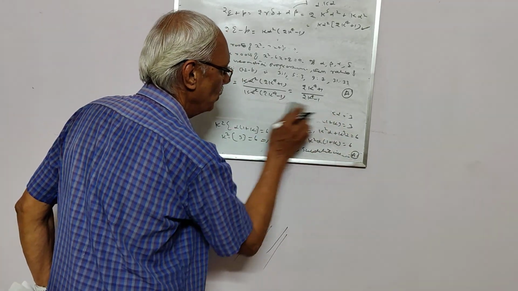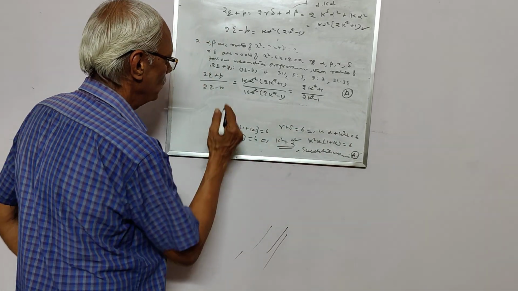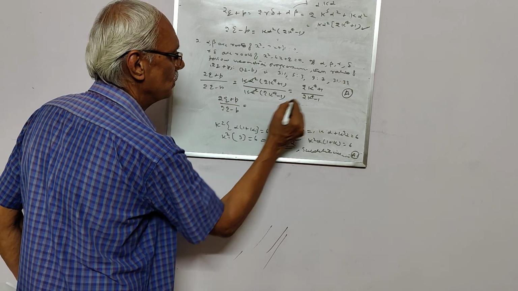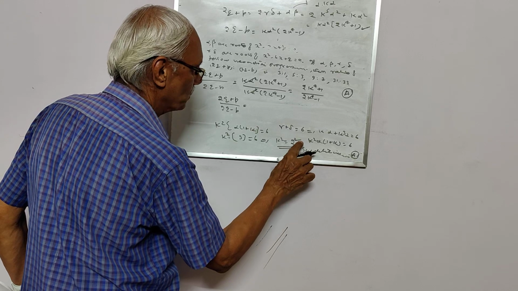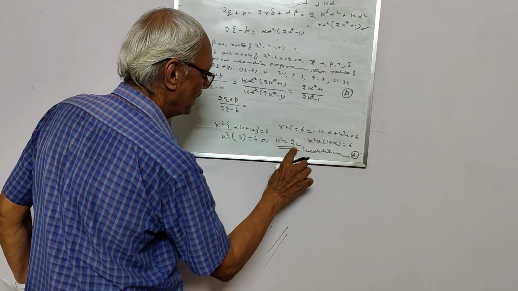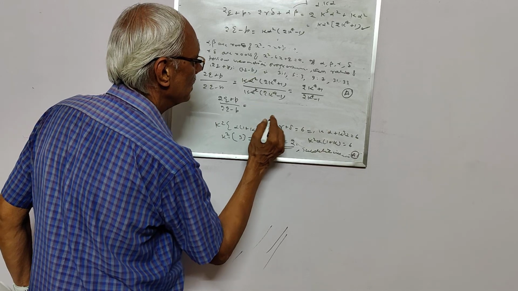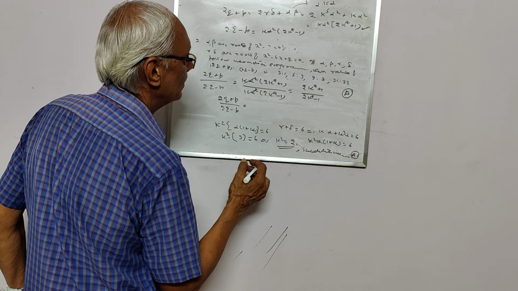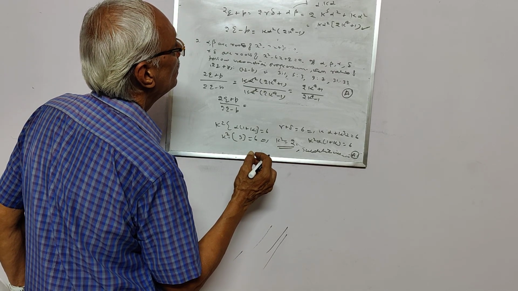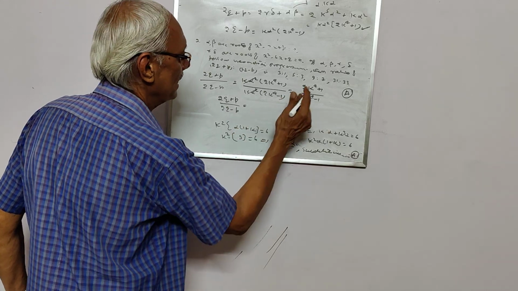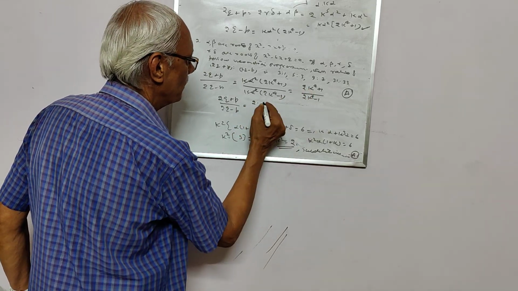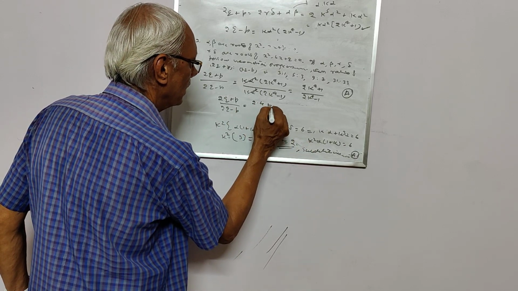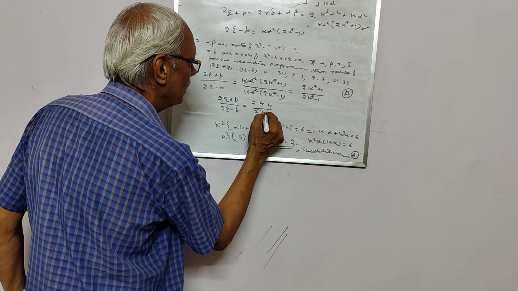So what will you have now? This is equal to 2q plus p divided by 2q minus p is equal to, in the place of k squared you put k squared is equal to 2. So it is 2 into k to the power of 4, which is k squared squared is 4, plus 1 divided by 2 into 4 minus 1.